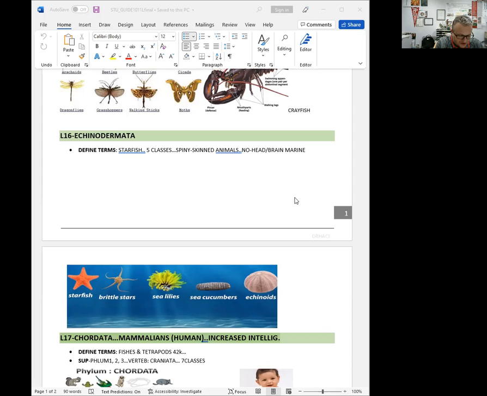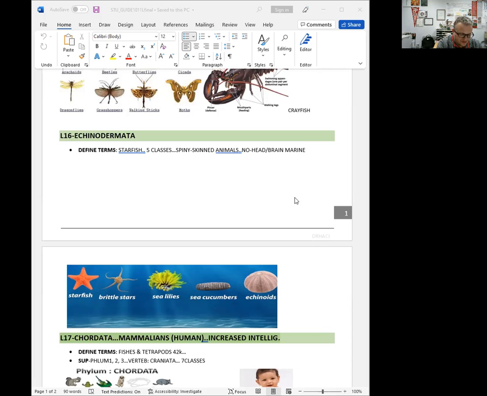There are 5 classes. Arthropods has 4 subphyla; Echinodermata has 5 classes, including Asteroidea, Ophiuroidea, Echinoidea, Crinoidea, and Holothuroidea, or sea cucumbers. Asteroid examples are sea stars, ophiuroids are brittle stars, echinoids are sea urchins and sand dollars, crinoids are sea lilies, and holothuroids are sea cucumbers.